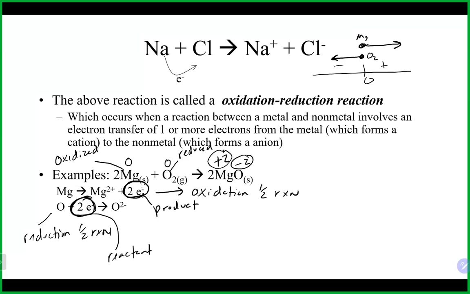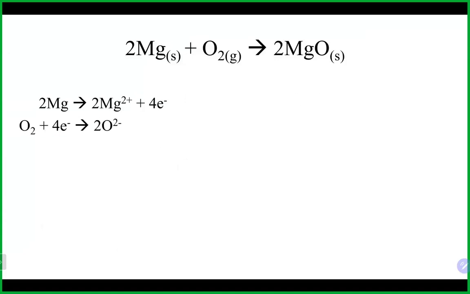Now, they're called half reactions because if you add those together, you get the overall reaction that's taking place. So sometimes the overall reaction is broken up into the half reactions to illustrate what is being oxidized and what is being reduced. And you'll sometimes see them written sort of like that.